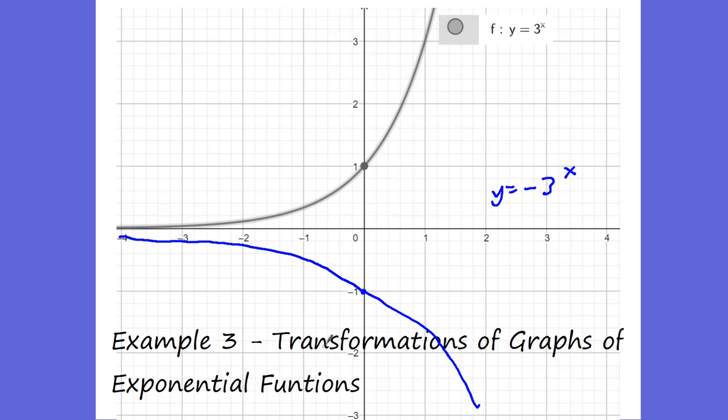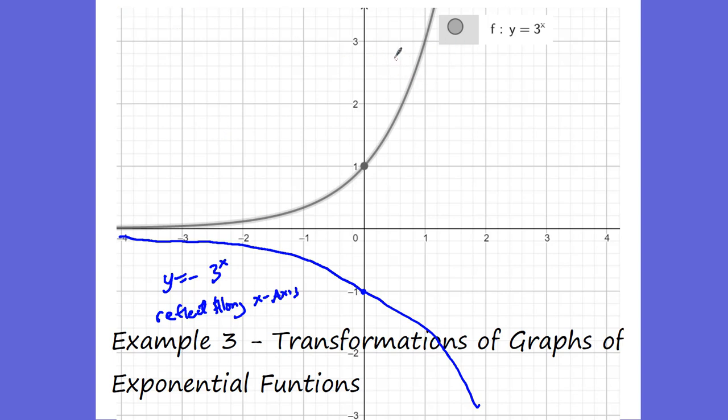So that would be y equals negative 3 to the x. If you put the negative in front, it mirrors it, it reflects it along the x-axis.